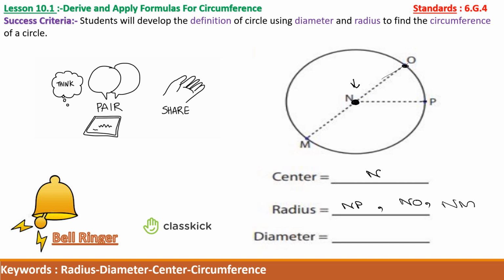You can see that this is one complete line which passes through the center and joins one point of the circle to the other. So you can say that OM is the diameter. Few people say ONM. You can say one point and the other point, OM. It's fine. So this is the diameter.